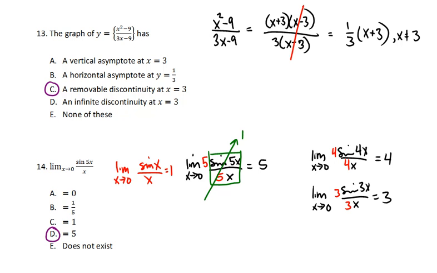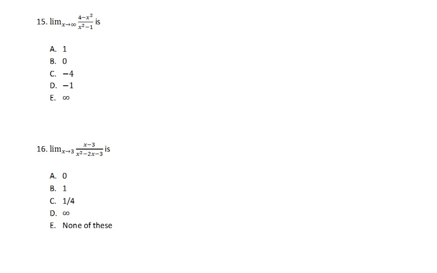In problem 15, we have the limit as x approaches infinity of 4 minus x squared over x squared minus 1. Now you have to note that this is a limit at infinity, and so we're interested in the degree of the numerator and the degree of the denominator. Since the degree of the numerator is second degree, and the denominator is also a second degree expression, then we want to take the ratio of the leading coefficients.